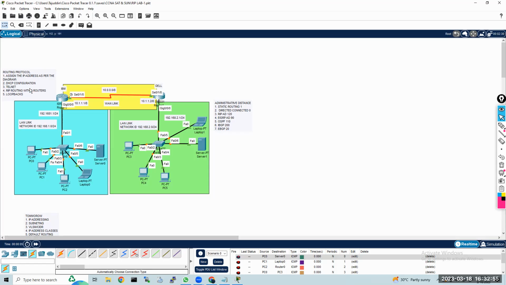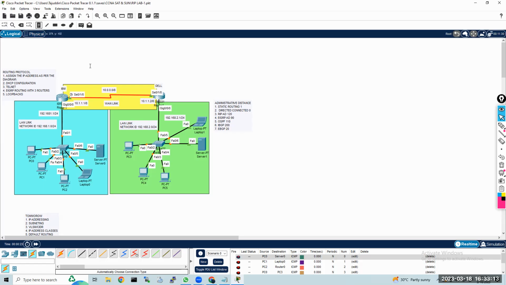This is the RIP we configured, so I will change it to EIGRP. This is my EIGRP.